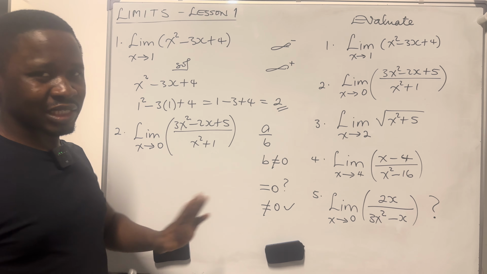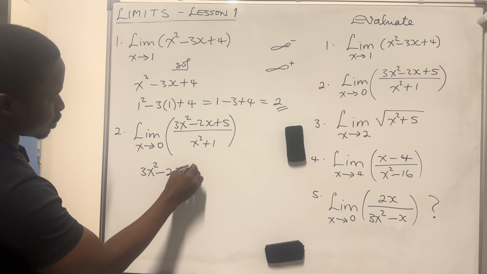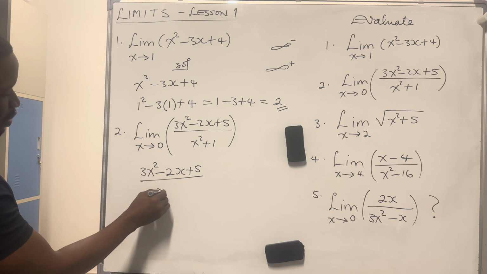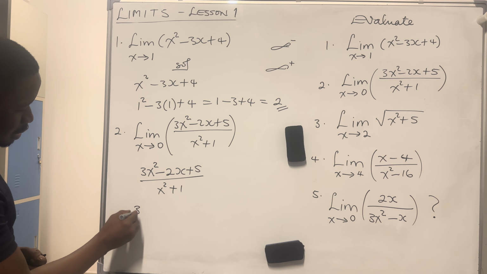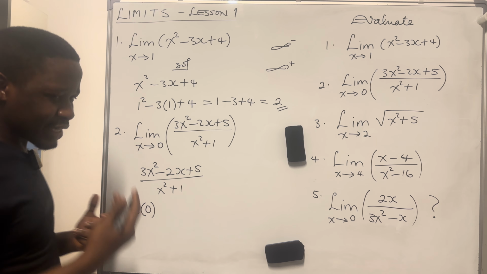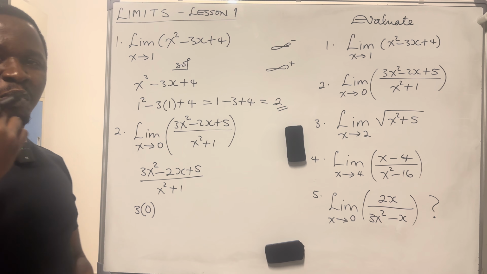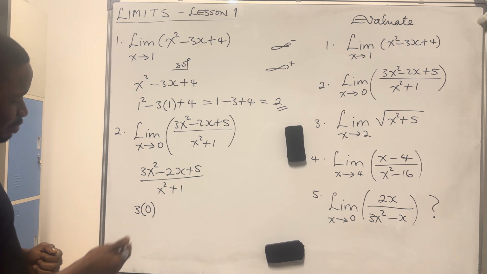Okay. So now we say 3x squared minus 2x plus 5 over x squared plus 1. So this is 3 times what is x? We say 0. x is not equal to 0, but it approaches 0, arbitrarily close, so we accept it.